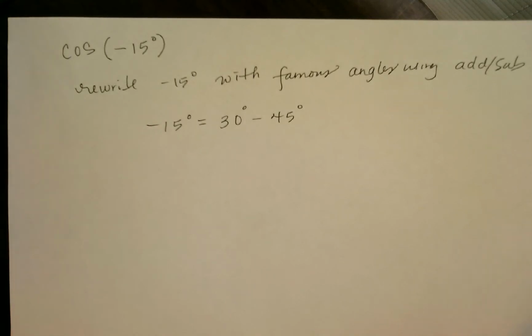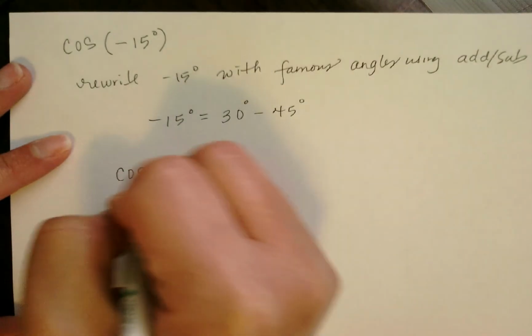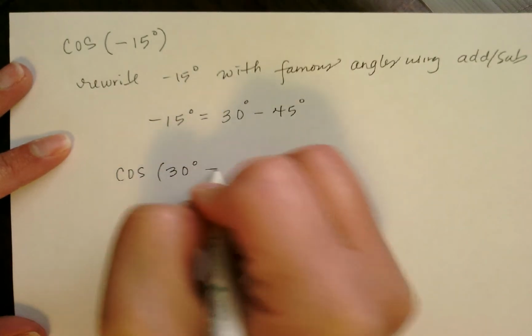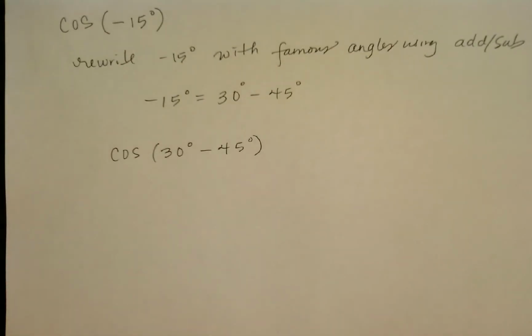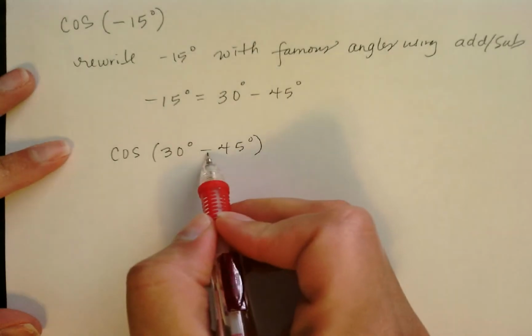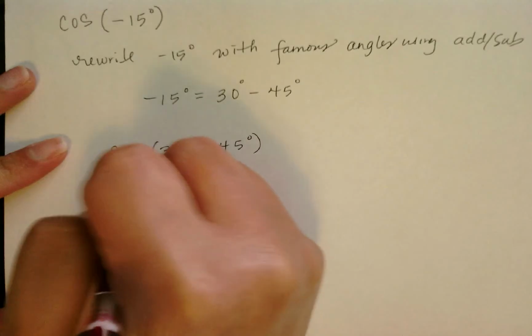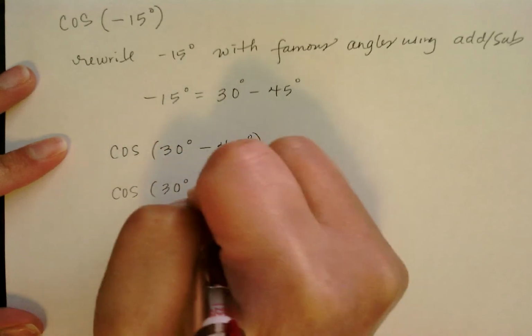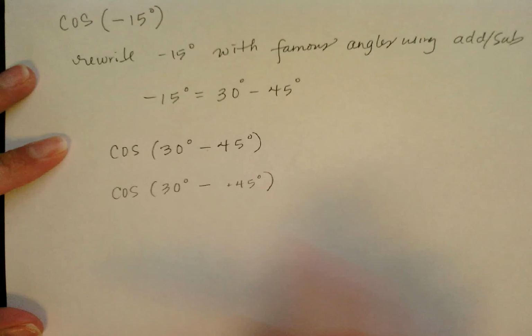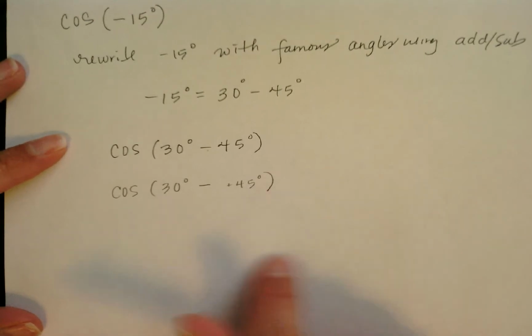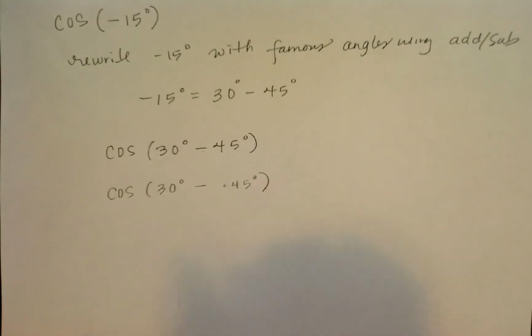Okay, so negative 15 degrees. And here's where I need you to be careful. When you apply this formula, I need you to watch your signs. So, cosine of 30 degrees minus 45 degrees. We're going to apply the cosine formula. But before I do, I need you to be careful. If you're using the subtraction formula, this is what I want you to see: 30 degrees minus a positive 45 degrees. So you're not doing negative 45. That's backwards. 45 degrees and negative 45 degrees are two different spots on the unit circle.